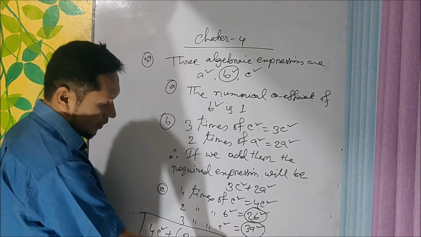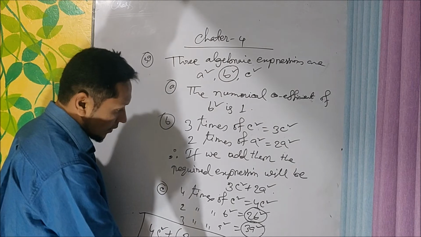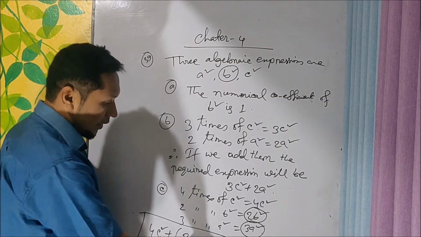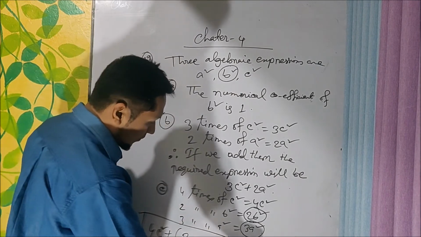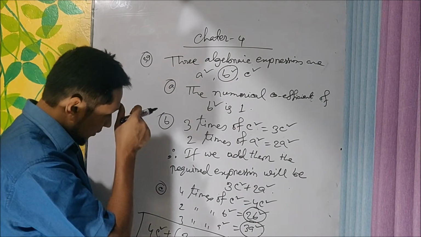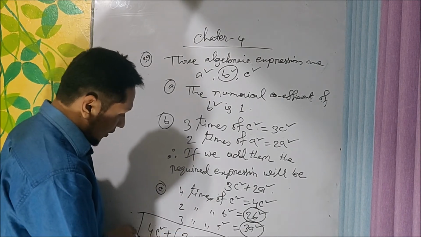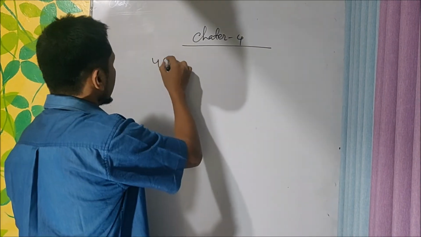You see, the difference of 2 times of b square from 3 times of a square is this, and 4 times of c square is to be added with the following expression. That's why this will be the complete expression. Just write down the answer this way. So the required expression will be this. This gives the complete answer.